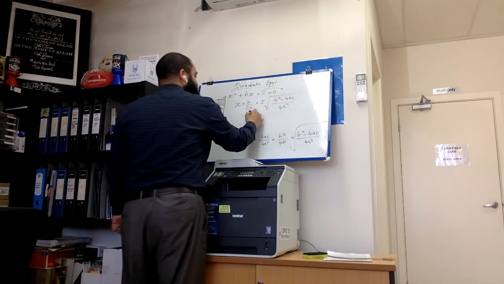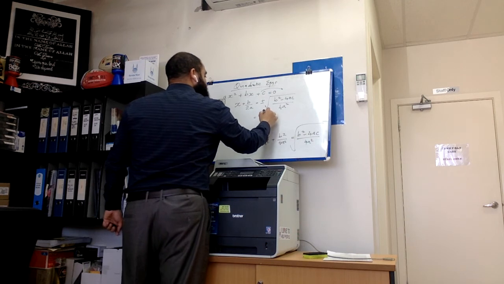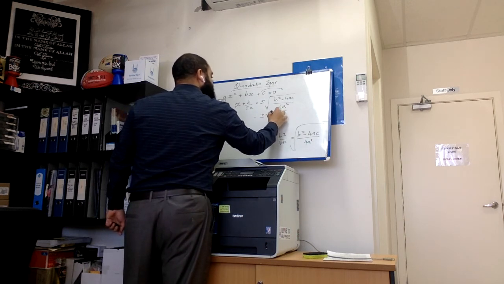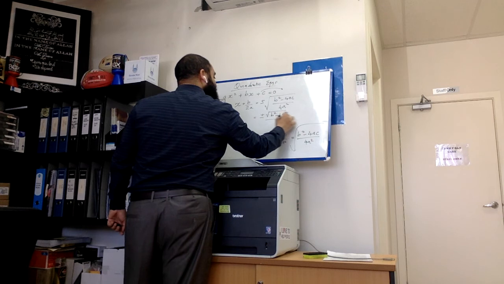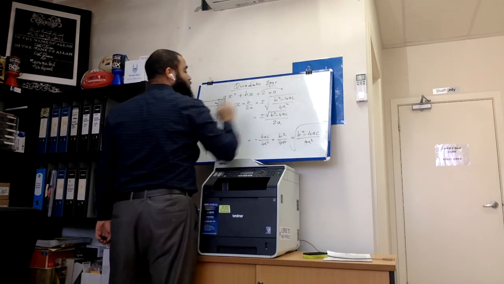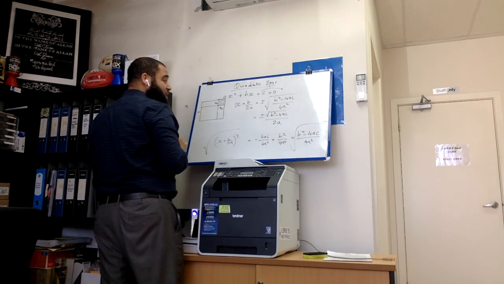This is equal to plus or minus square root of b squared minus 4ac over 2a, the square root of 4a squared, and we already put the plus or minus here.